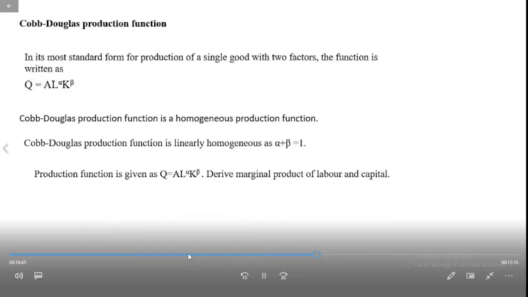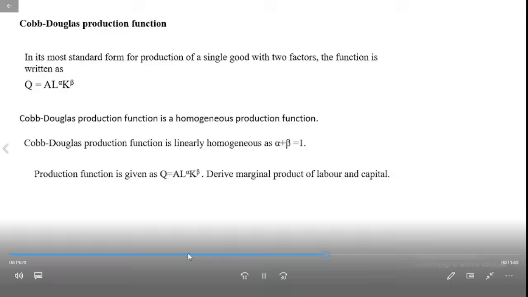So what are alpha and beta? They are very important. Alpha and beta are output elasticities of labor and capital. So what is output elasticity? Output elasticity measures the responsiveness of output to a change in quantities of either labor or capital.